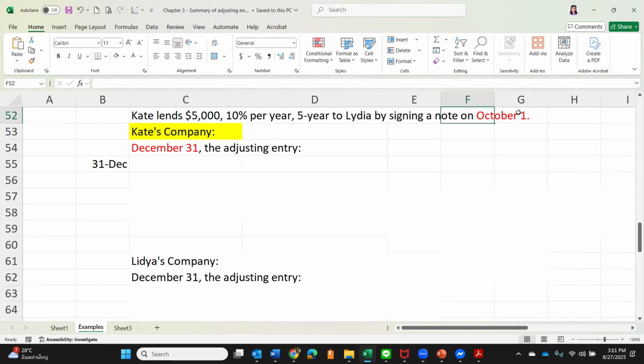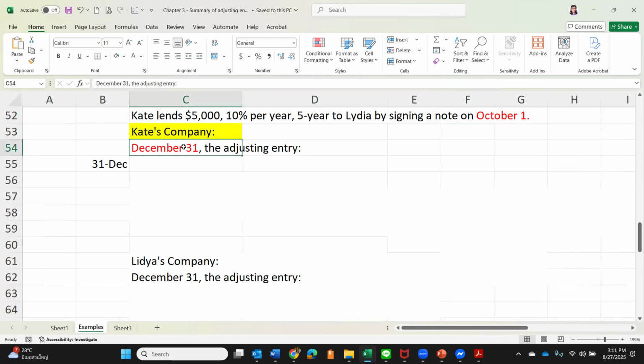So October 1, Kate lent the money. The journal entry on October 1 is that Kate will have a note receivable of 5,000 and cash credit 5,000, because Kate lent money to Lydia. So on October 1, we debit note receivable 5,000 and credit cash for 5,000.